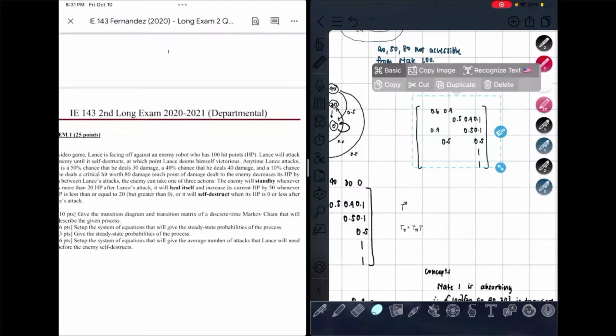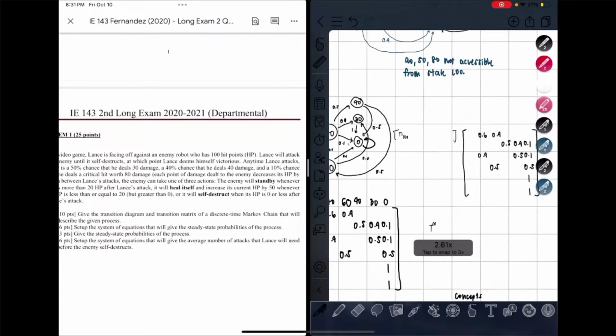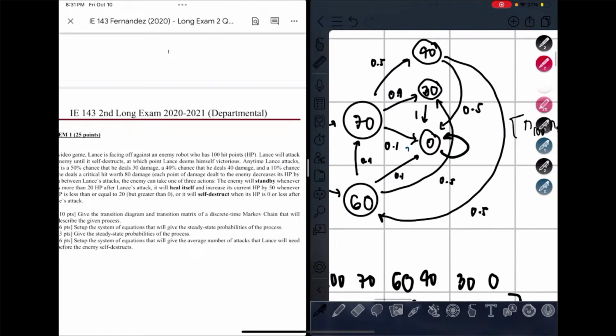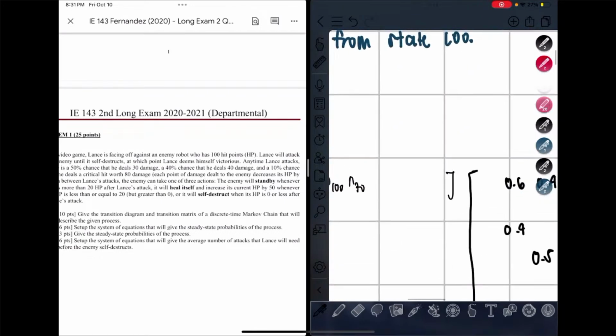So what that means is you're essentially just multiplying it with a square matrix also of all pi. So pi 100, what are our states? Pi 100, pi 70, pi 60, 70, 60, 40, 30, 0, 60, 40.